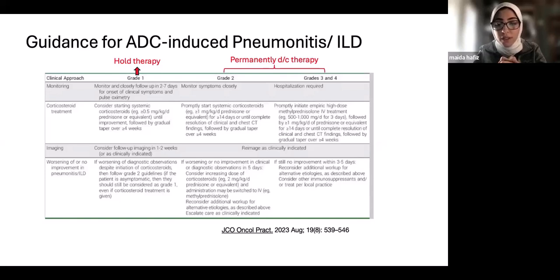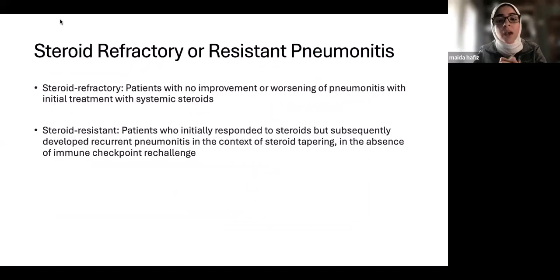So this is pulse steroids, followed by high-dose steroids of 1 milligram per kilogram per day, prednisone or equivalent, again for 2 weeks, or until there is resolution of clinical and CT chest findings, over 4 weeks or more. You're going to be re-imaging, and consider other potential diagnoses.